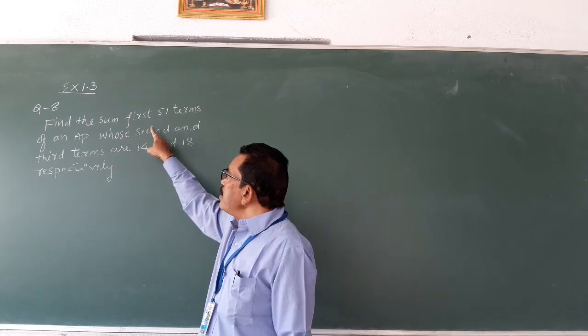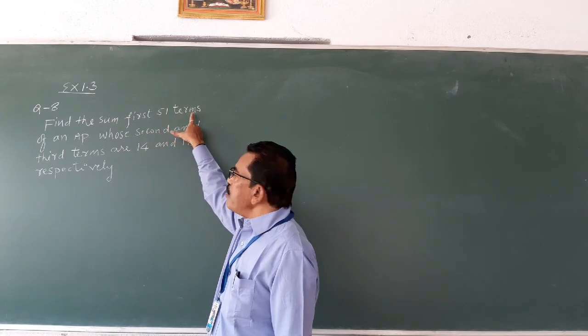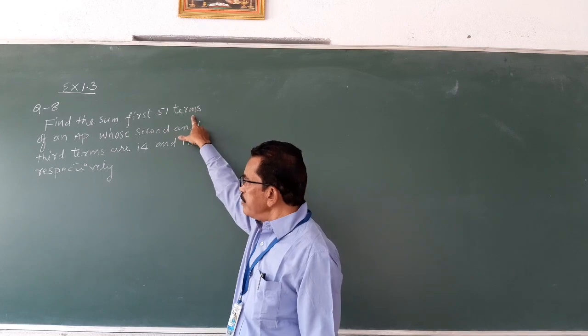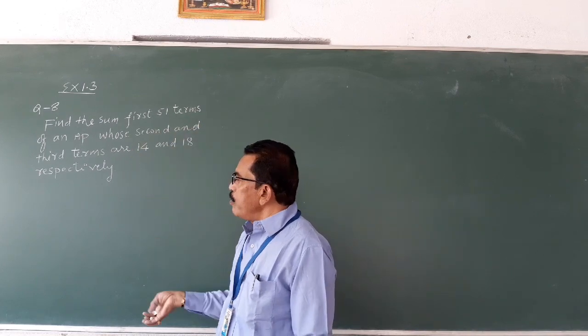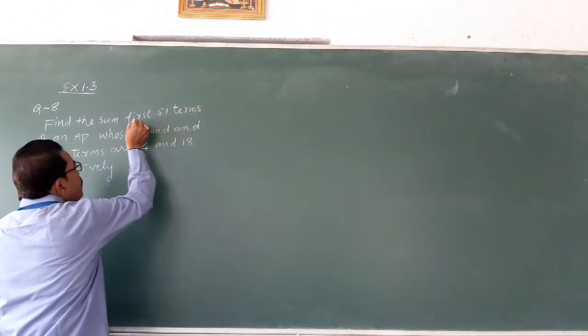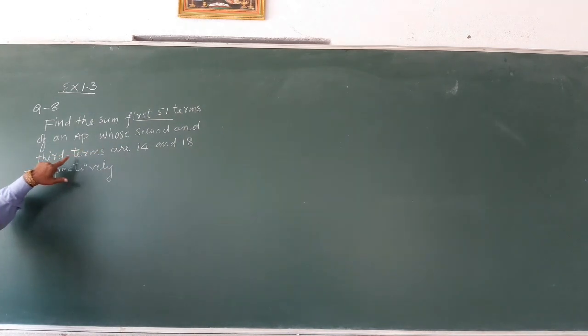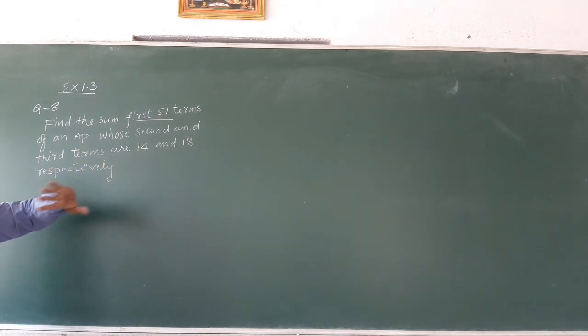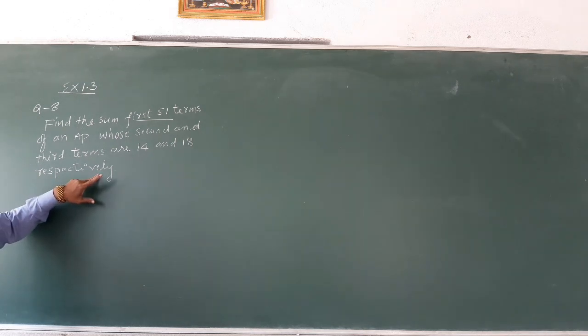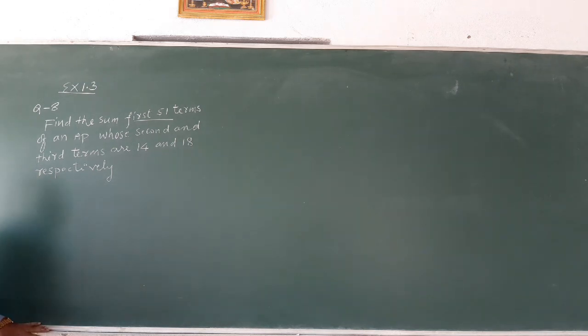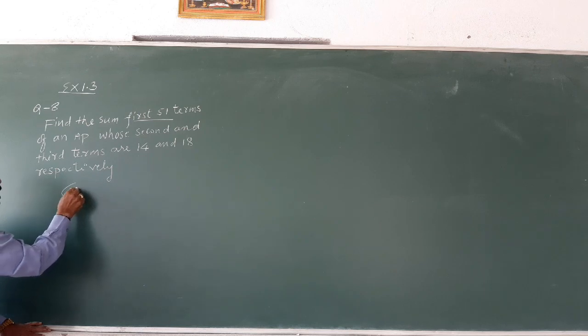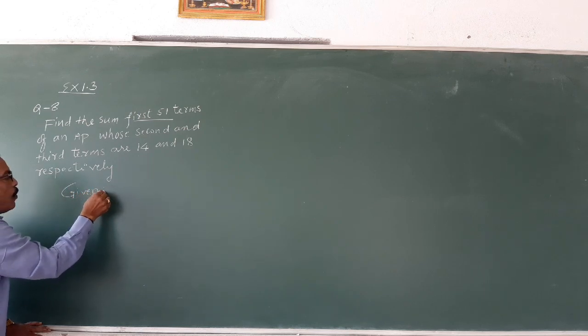Find the sum of first 51 terms of an AP whose second and third terms are 14 and 18 respectively. The problem is quite interesting because the first term is not given, consecutive terms are given.